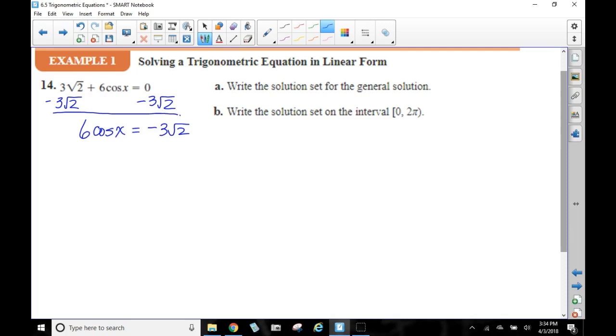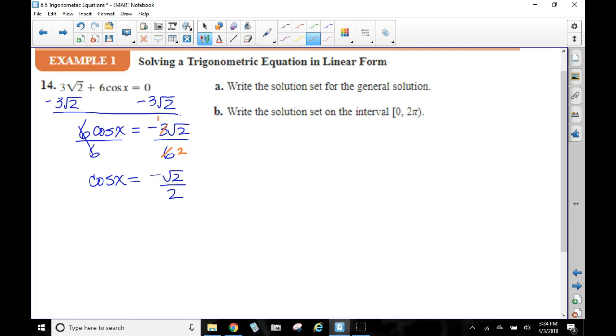And then isolating the trig expression, I'm going to divide both sides by 6. So I have cosine x equals, now the 3 and the 6 will reduce, leaving me with a negative square root of 2 over 2.